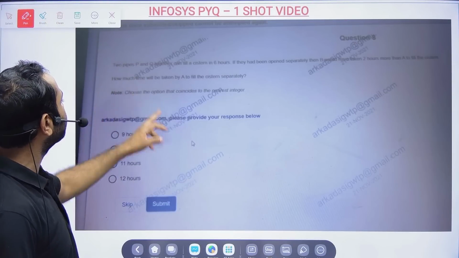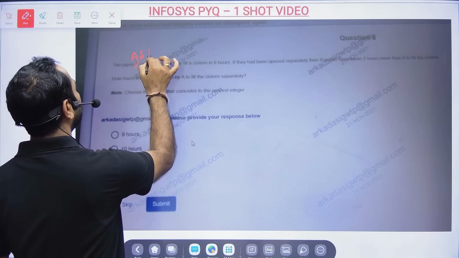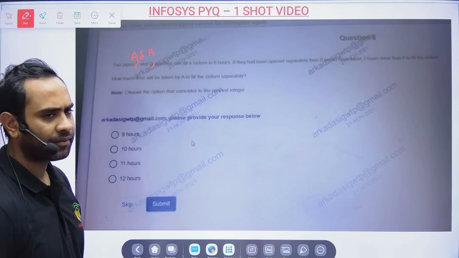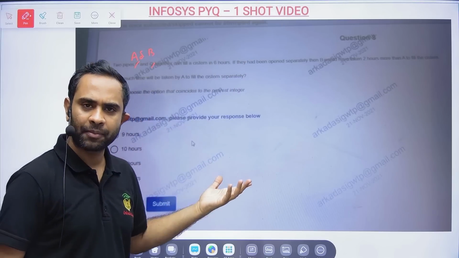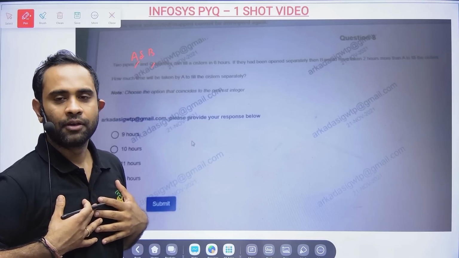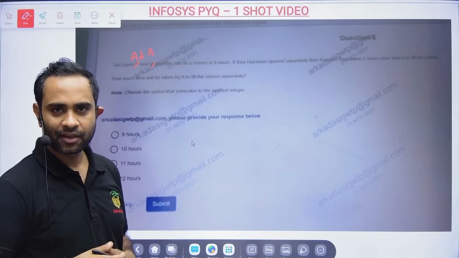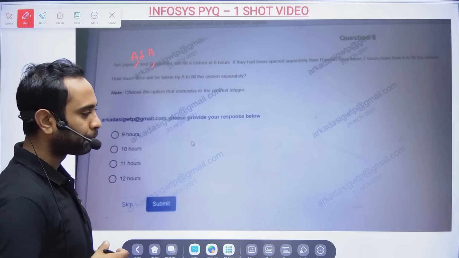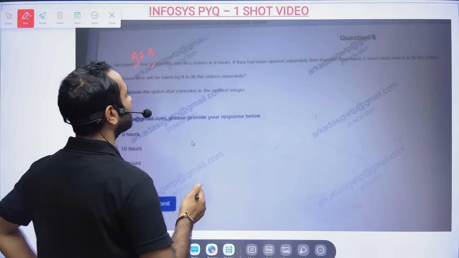So 2 pipes P and Q. Basically instead of P and Q, let's say it is A and B, because after that they have said A and B. So 2 pipes A and B together can fill a cistern in 6 hours.